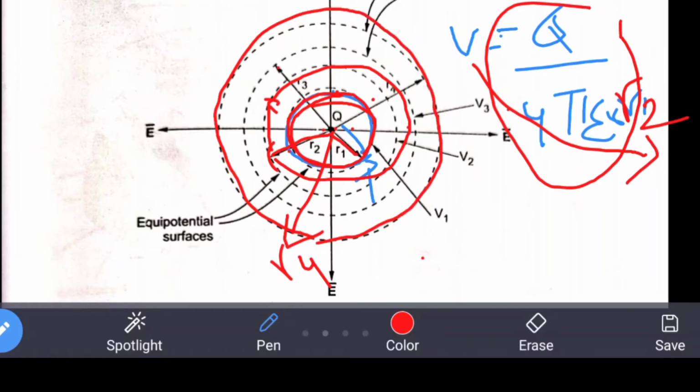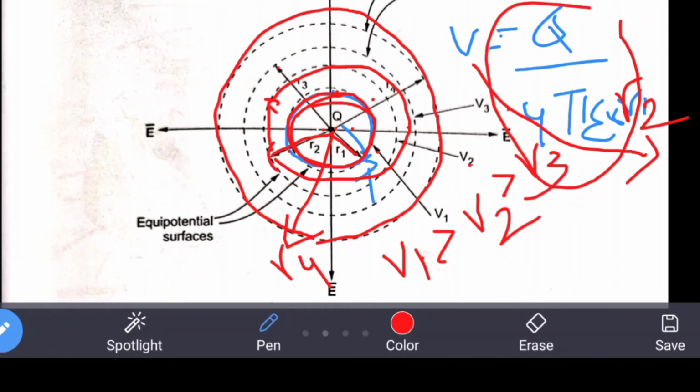At V1, the equipotential surface R equal to R1 is highest. Potential will be higher. At R1, V1 is higher, V2 is lesser than V1, V3 is lesser than V2. That is, V1 is greater than V2, because potential is inversely proportional to distance. V1 is greater than V2 and greater than V3.